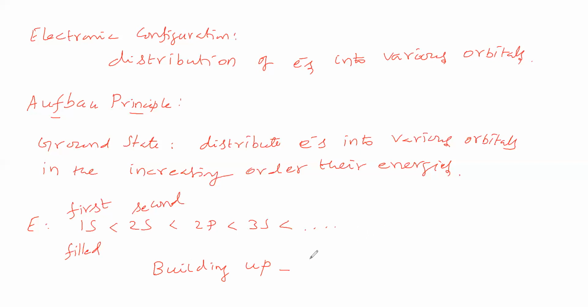The German word for building up is Aufbau, therefore this principle is called the Aufbau principle. As per it, in the ground state, electrons are distributed into various orbitals in the increasing order of their energies.